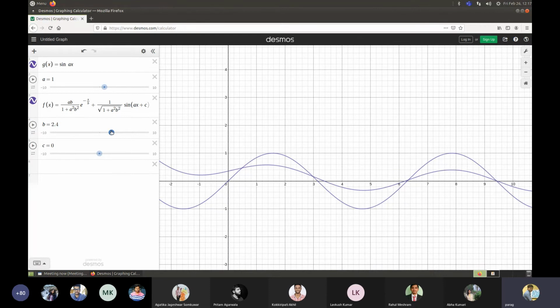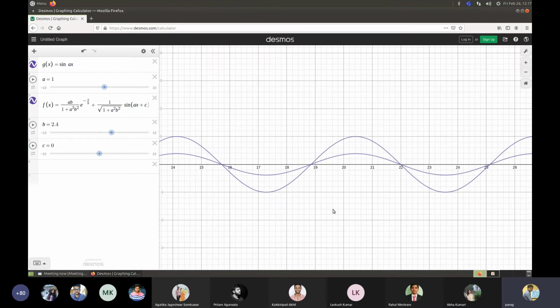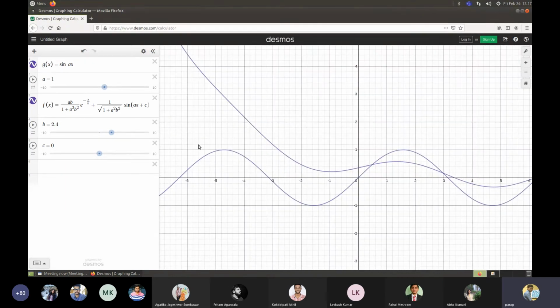Again, in case of sinusoidal response, ultimate response is that there would be a sinusoidal output, and the input will be sinusoidal, the output will also be sinusoidal. They would be different in magnitude, they would be different in their phases, but the differences will always be constant at large time intervals. But at smaller time intervals, there would be transients. In fact, if you see in the negative direction, this is crazy.